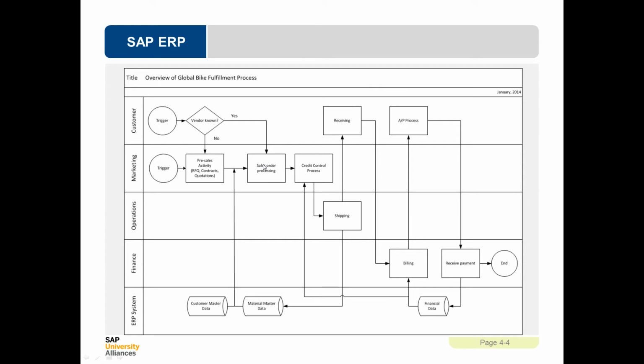Now, once the sales order process kicks off, a very important piece is going to be looking at the customer's credit to determine whether or not they have enough credit in place to purchase the good or service from us.